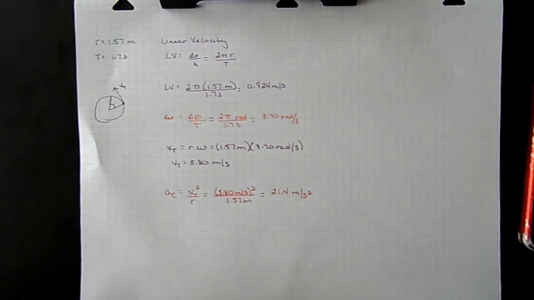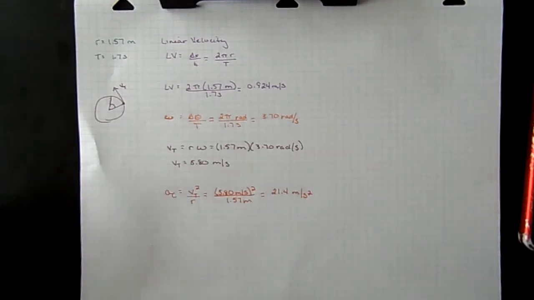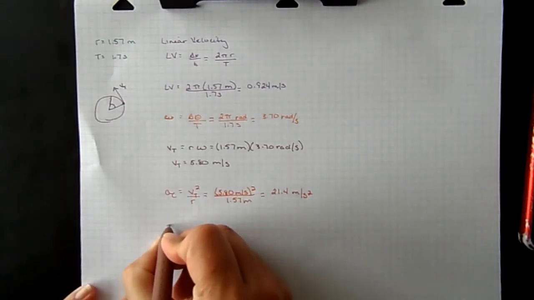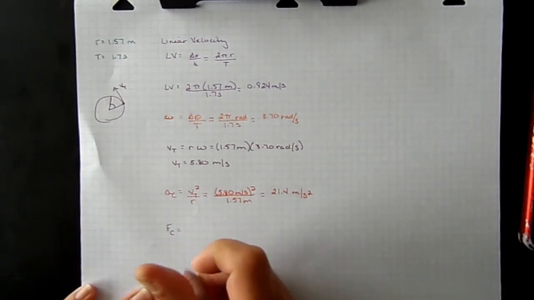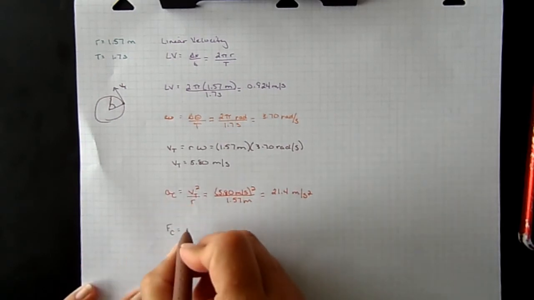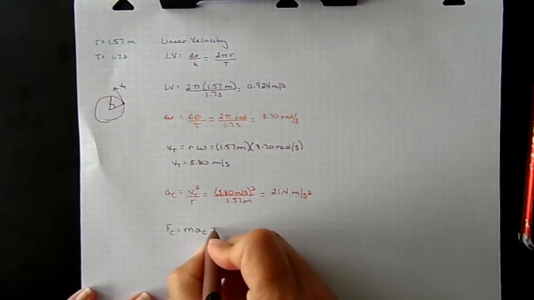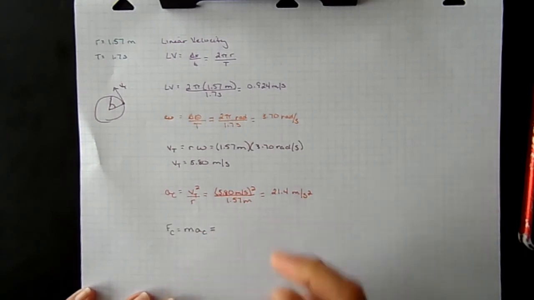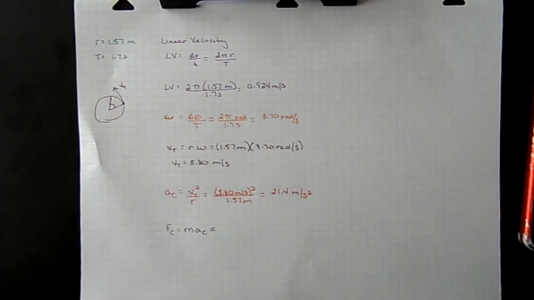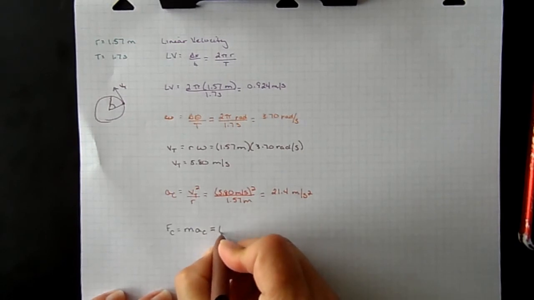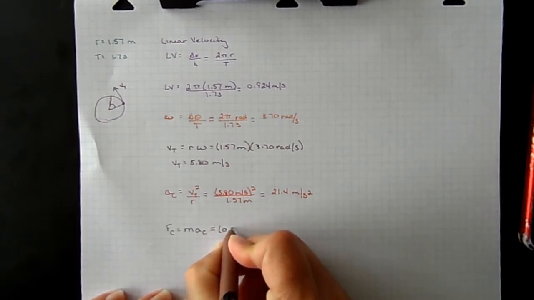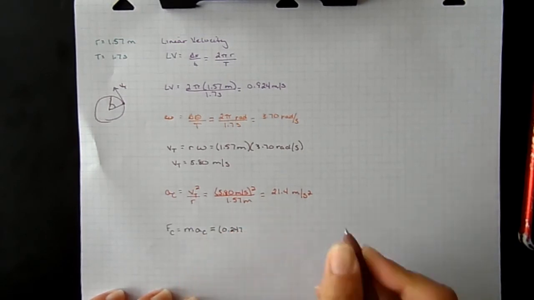Now the last thing it asks us to find is the centripetal force. So centripetal force is going to be mass times the centripetal acceleration. So you'll have to find the mass of your car. Use your spring scale to do that. The mass of my car was 247 grams.